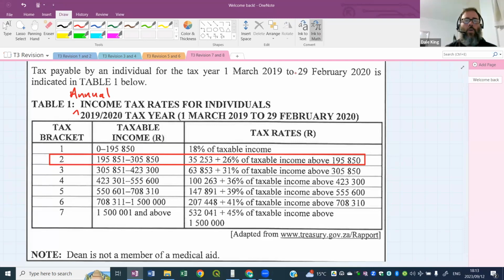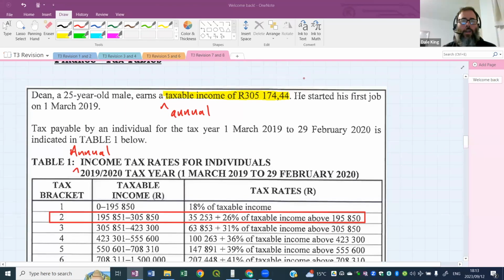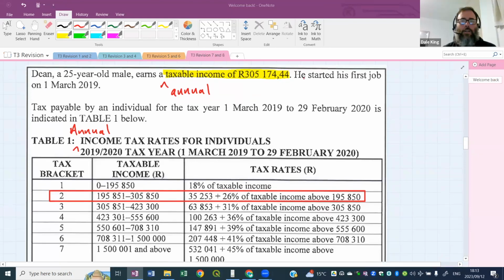The question is, work out the monthly tax that this person is going to have to pay. All right. There is his annual salary highlighted in yellow at the top. 305,174.44. We know we're working with bracket 2, so calculate using bracket 2 the monthly tax payable.